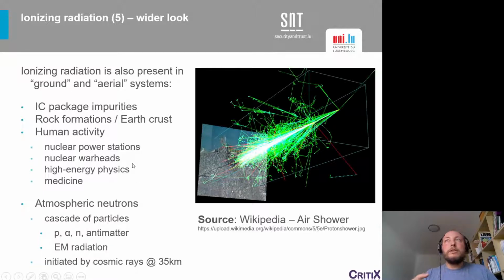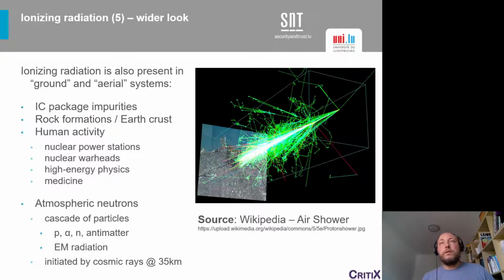Radiation issues with electronics are not caused only by the sun and extra solar sources, but also other sources of radiation, which can be impurities of integrated circuit packages, rock formations, or the earth's crust. There are some regions of Earth where the radiation background is simply higher because of some residual isotopes which are not stable in the rocks, in the ground, and this can also cause issues with electronic bit flips, upsets.